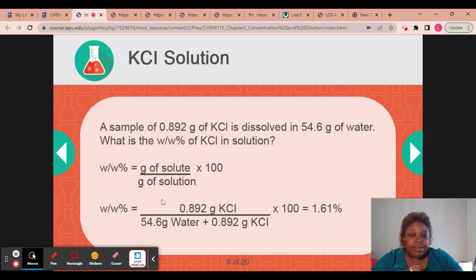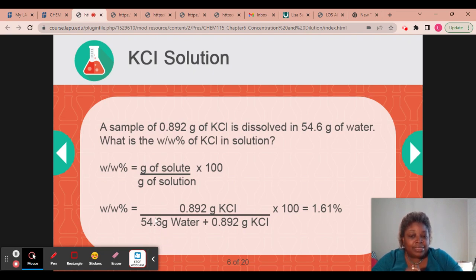And so that number is going to go on top, 0.892 grams of KCl. Remember, the bottom is the solution. So the solution is not only KCl, but also water. So we have 54.6 grams of water plus 0.892 grams of KCl. Remember, for significant figures, when we are adding, you go by decimal places.